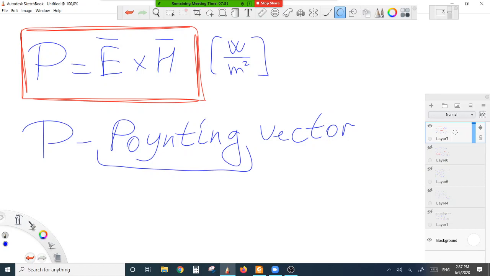From this expression we may see that power flows in the direction perpendicular to both E and H, of course according to the right hand rule, which we used for the vector product, which you already know.